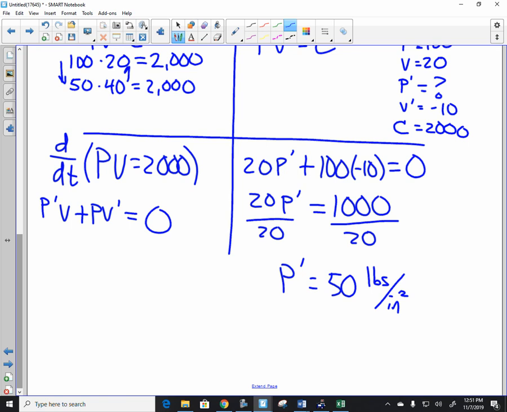And then it's with respect to time, right? So you have to have a time label on the bottom. What's our time? Seconds. So you can just attach the seconds in the denominator. So you saw an example that involves the product rule.